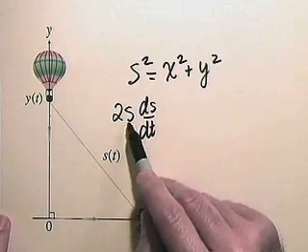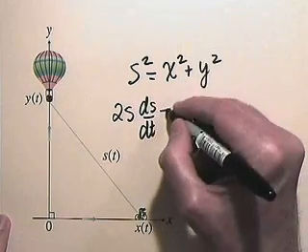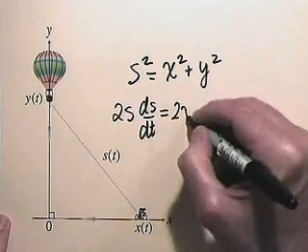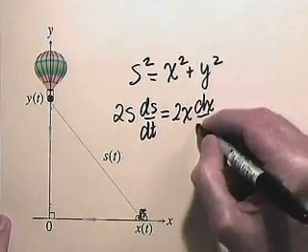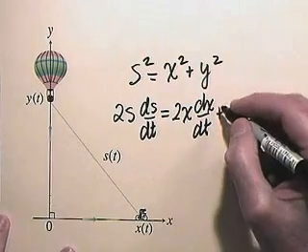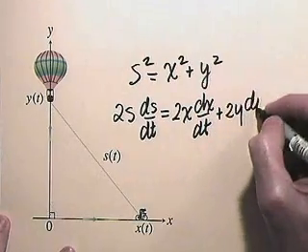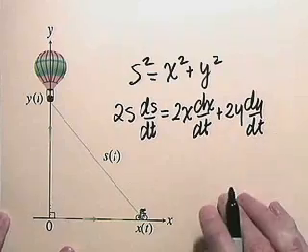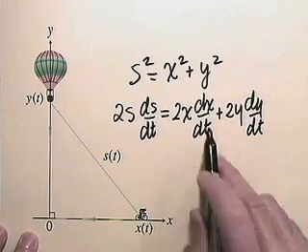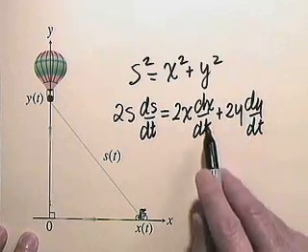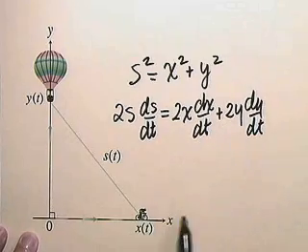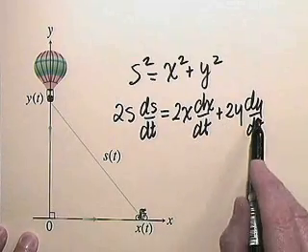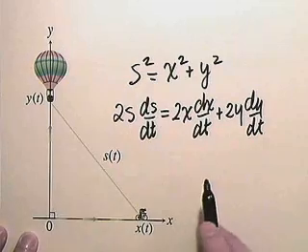so we're using the chain rule. Derivative of s squared is 2s ds dt. Derivative of x squared is 2x dx dt. Derivative of y squared is 2y dy dt. And notice we know all the rates of change on the right, because dx dt is the rate that the bicycle moves to the right, and dy dt is the rate that the balloon is moving up.